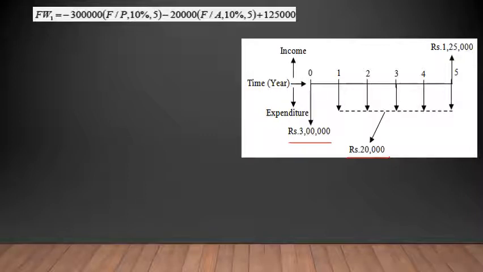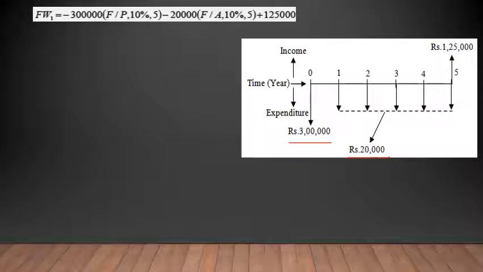Right? In future worth comparison of alternatives, what we do is we convert every cash flow into its future worth, that is at t is equal to n, the last year of the timeline. In this case, we convert every cash flow to its future worth at t is equal to 5.